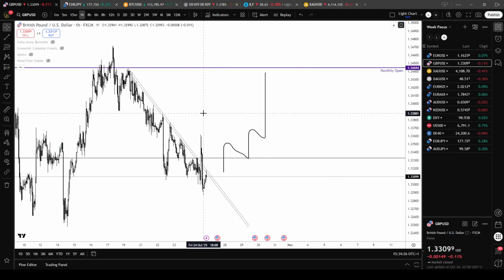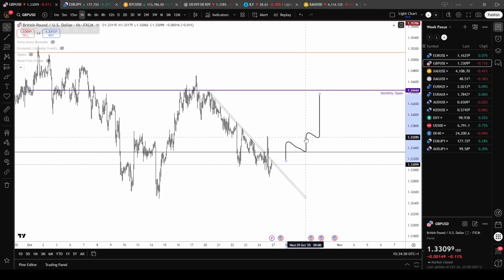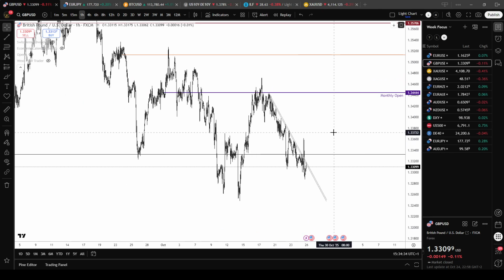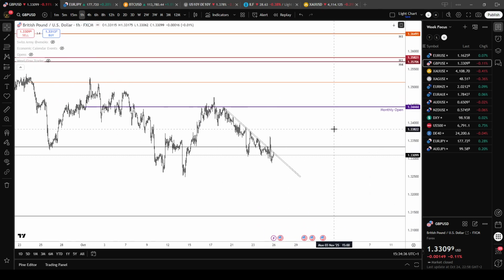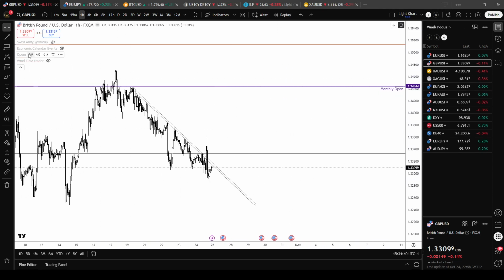With this one, I'm not as sure in the same way I am with Euro. I think it still needs to go lower, but it's been printing this downward trend line channel, however you want to call it, and this shouldn't last forever.